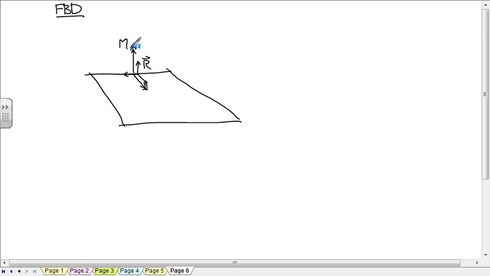So this is our M. Or if you're writing two of those components, you could write it as this is our My component and this is our Mx component.